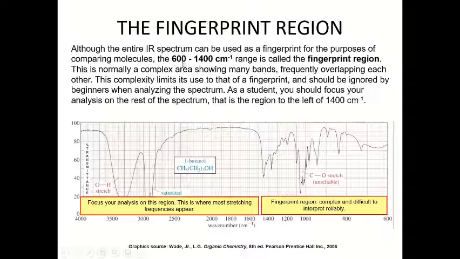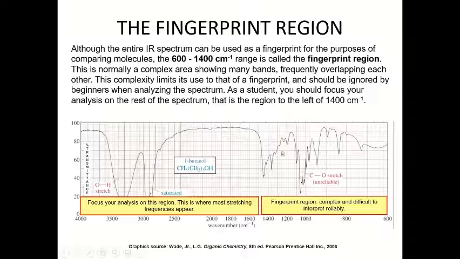The 600 to 1400 inverse centimeters range is called the fingerprint region, as we mentioned. This is normally a complex area showing many bands, frequently overlapping each other. This complexity limits its use to that of a fingerprint, and it should be ignored by beginners when analyzing a spectrum.